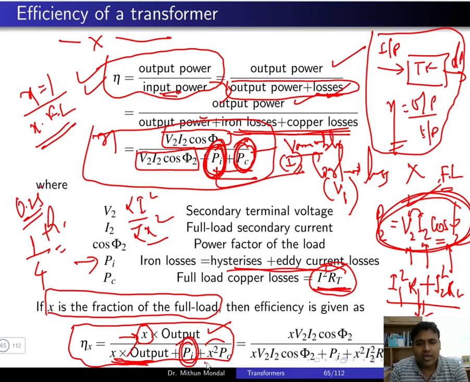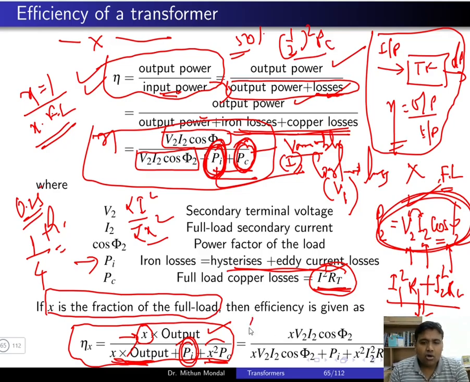So X square into PC. What is the copper loss at 50% of the full load? It will be 1 by 2 square into PC at the 50% load condition.